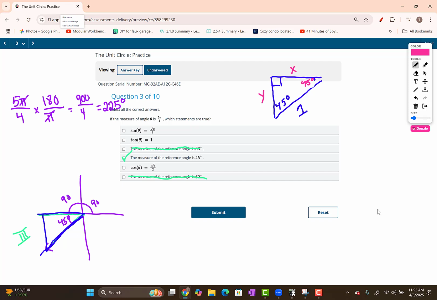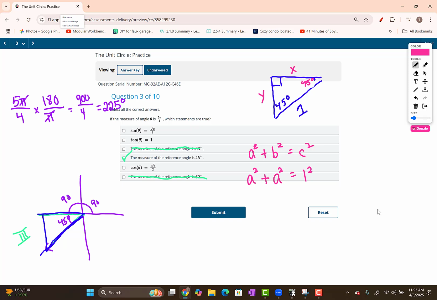The good thing about this, since it's a 45, 45, 90 degree triangle, we know that x and y are going to be equivalent. So we can use the Pythagorean theorem, a squared plus b squared equals c squared. We know the hypotenuse is just 1. And we know that a and b are the same. So we'll just call them both a.